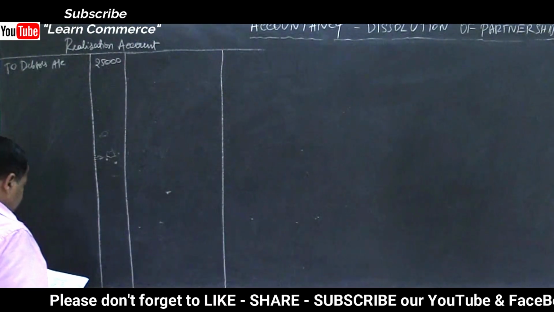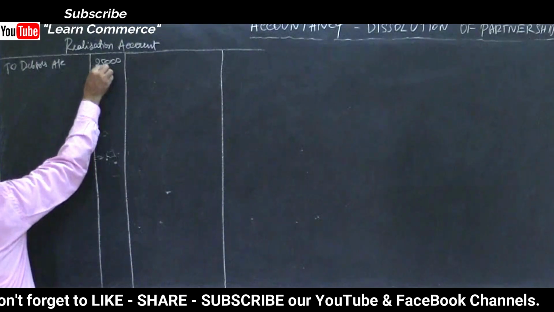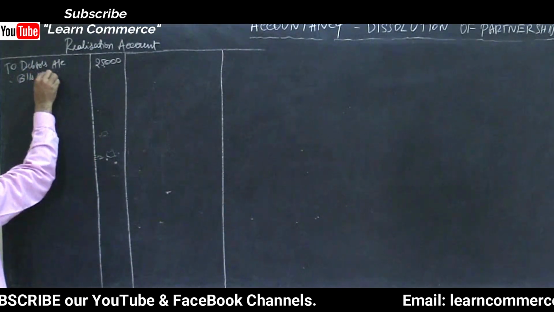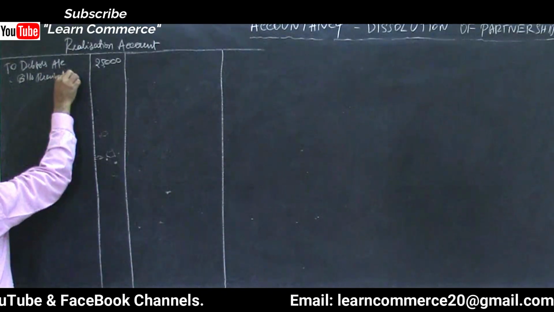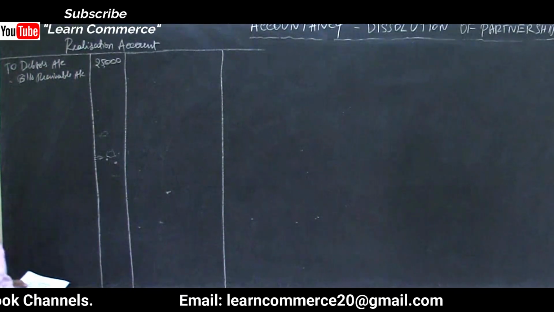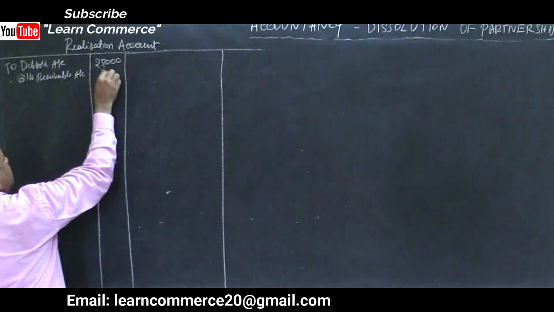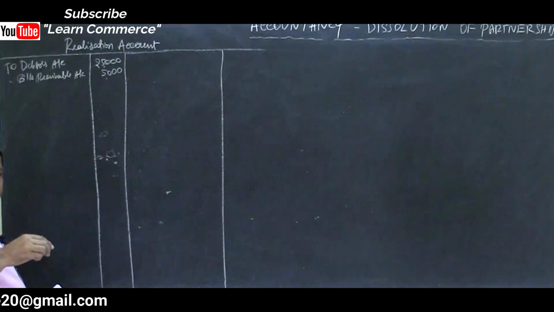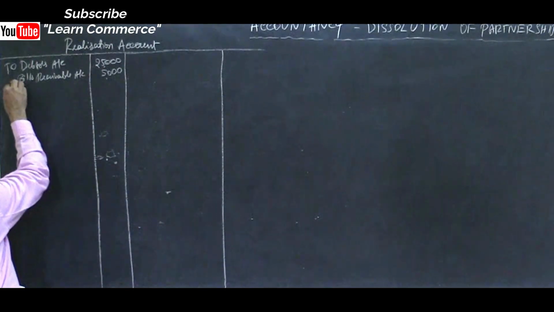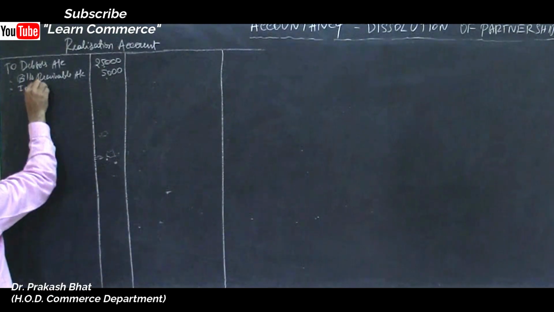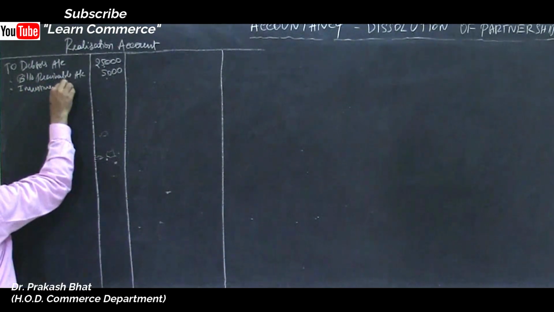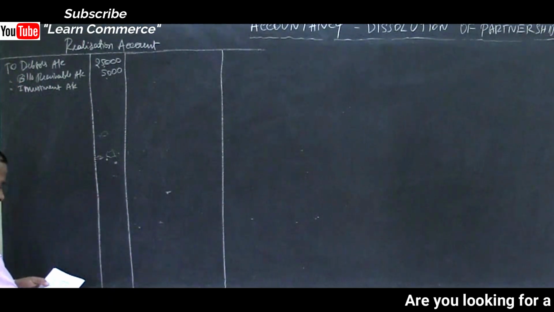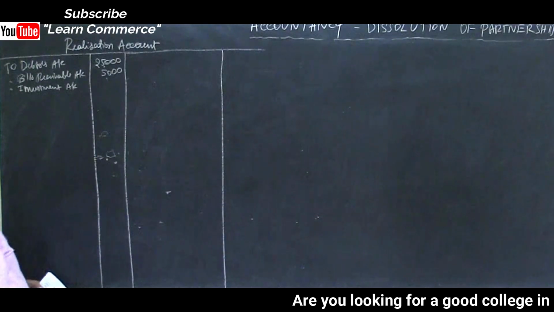So 25,000 to bills receivable account. Write the amount 5,000. Then investment account, how much? 18,000.